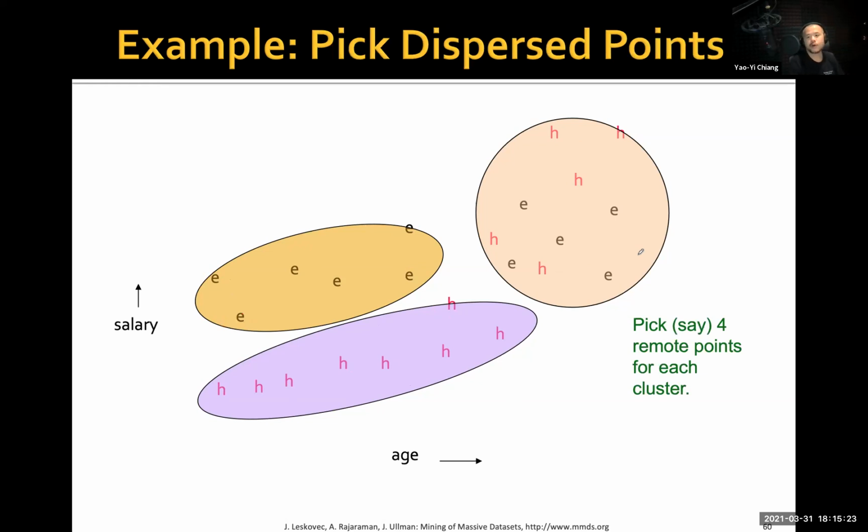So say you pick 4 points for each cluster, 1, 2, 3, 4. Then you move them close to the center. And this is your information about this cluster. And you do this for every cluster.